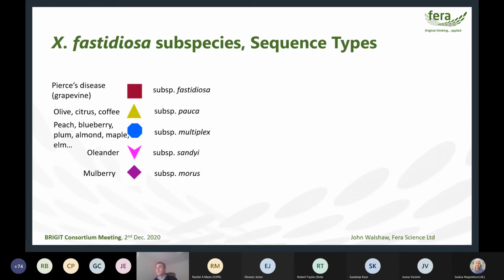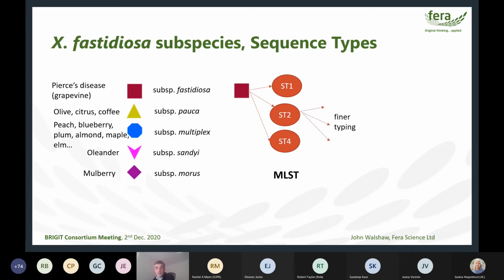So there's the subspecies, and then they, as we've heard, are characterized in terms of sequence types. So I am just going to give a little overview of MLST to set the scene for some of the later material, which is talking about some finer level typing compared to MLST.